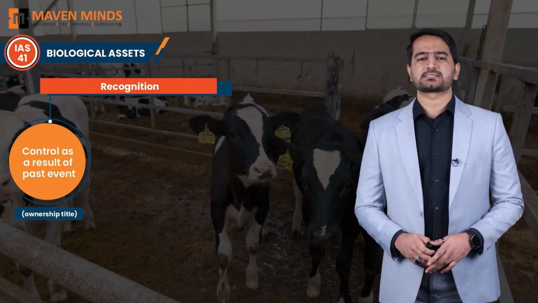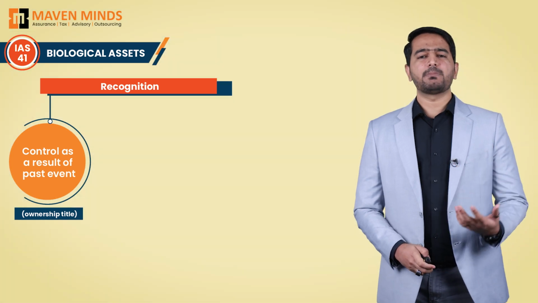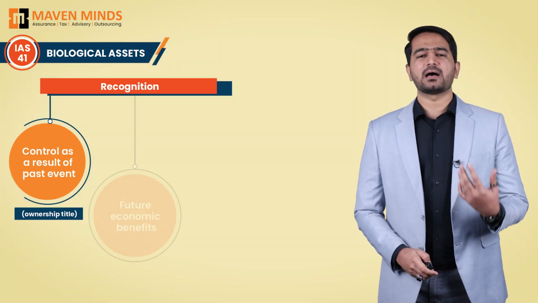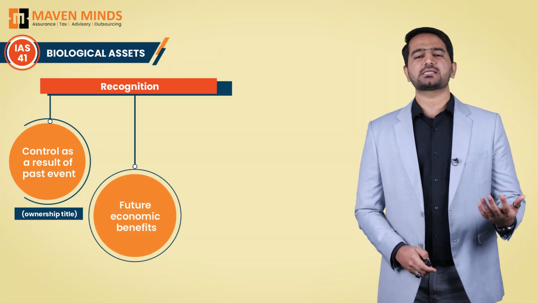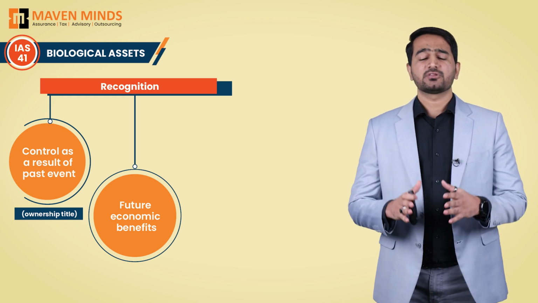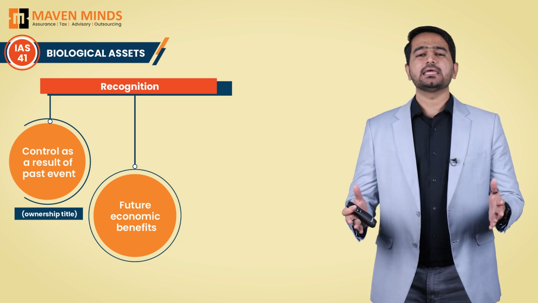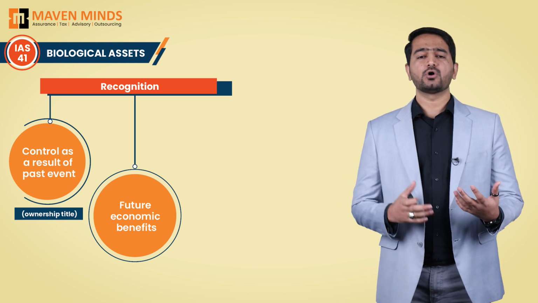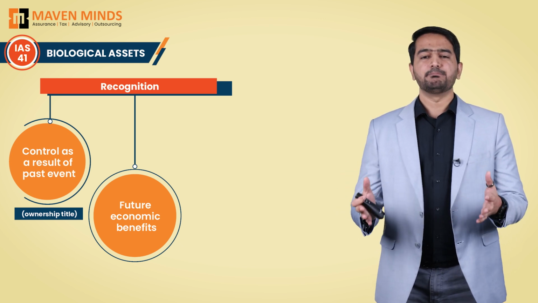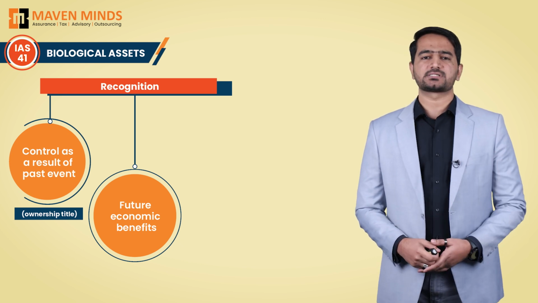For example, if you own a herd of cattle, the ownership papers or branding marks prove that you have control over these assets. The second criteria is that it must be probable that future economic benefits associated with the asset will flow to the entity. And this is where the biological asset stands out. They inherently grow or produce outputs, making it relatively easy to predict the economic benefits.